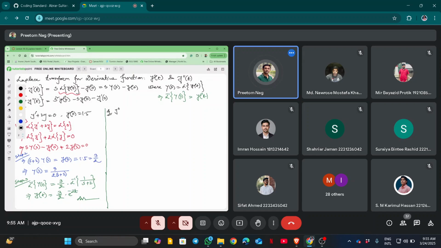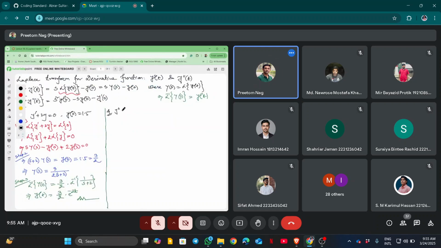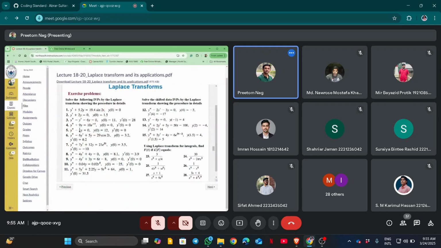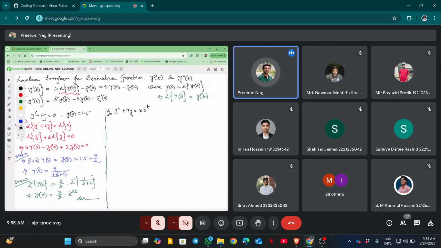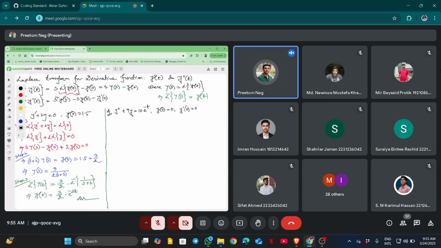Y double prime plus 9y equals 10 e to the power minus t. Here the initial conditions are given by y(0) equals 0 and y prime(0) is also 0.